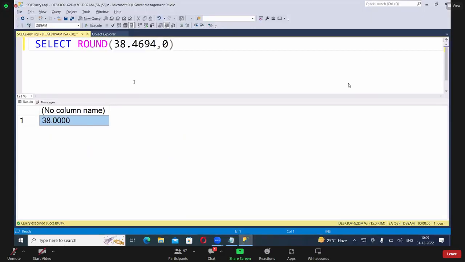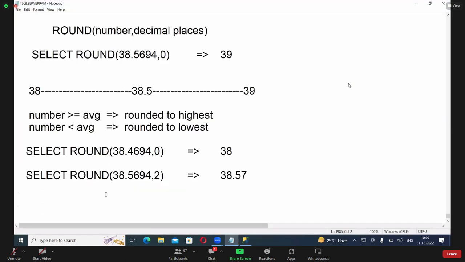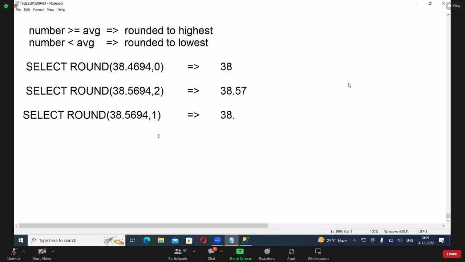So see this here: 38.56942 gives 38.57. Okay? Then if I say 1, 38 point what? Actually 5, but the next digit is 5 or above 5.